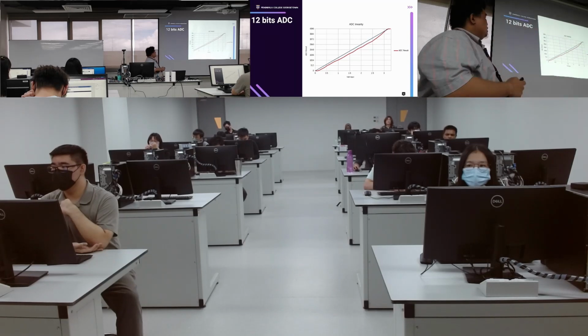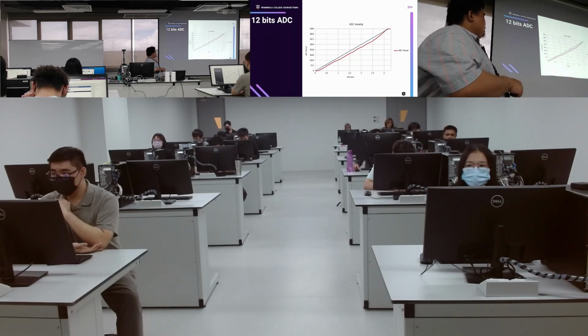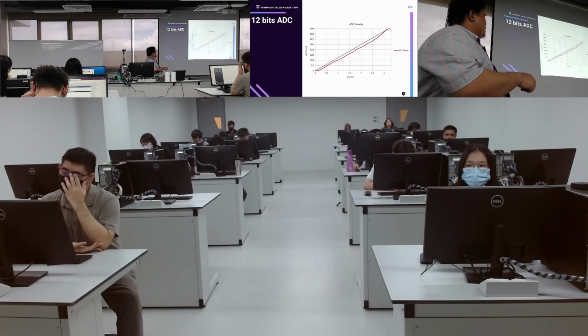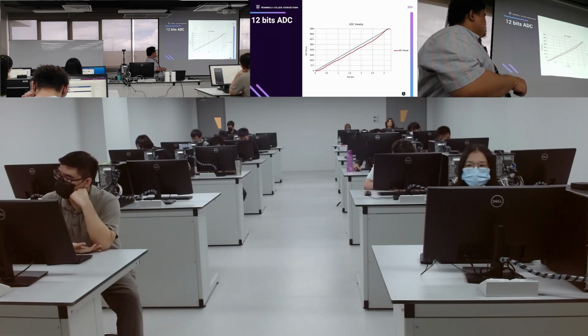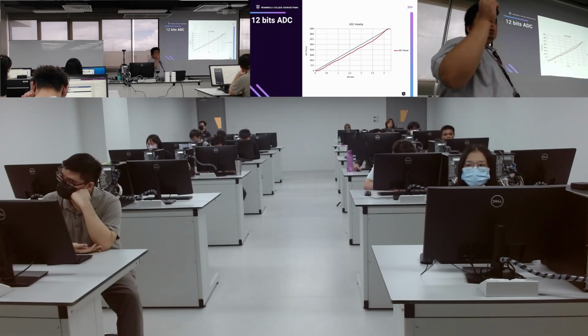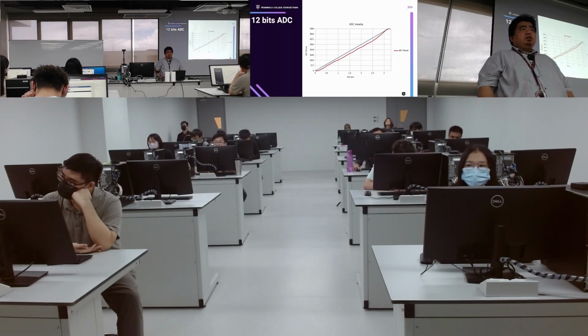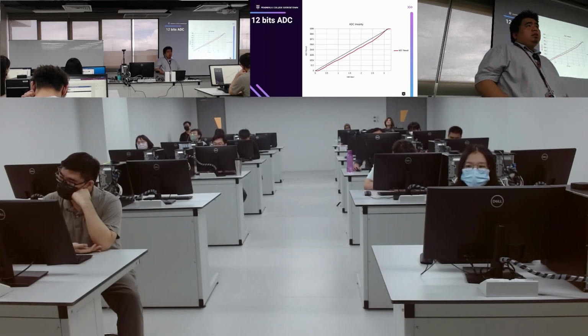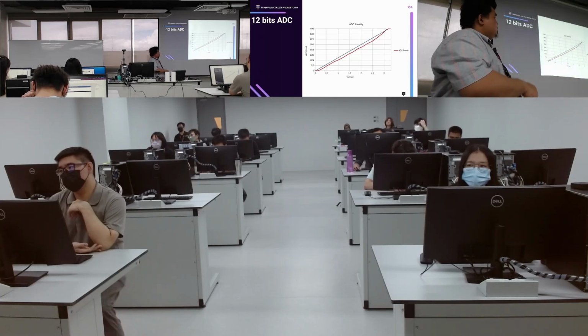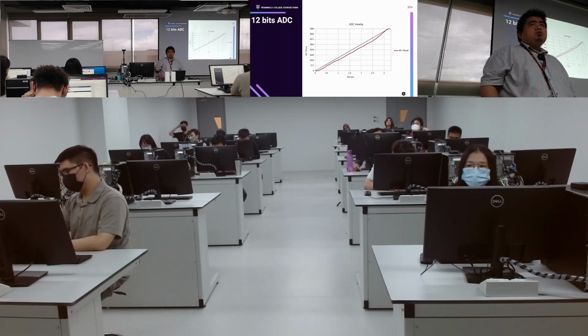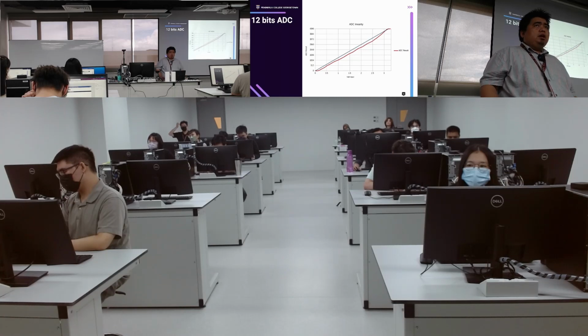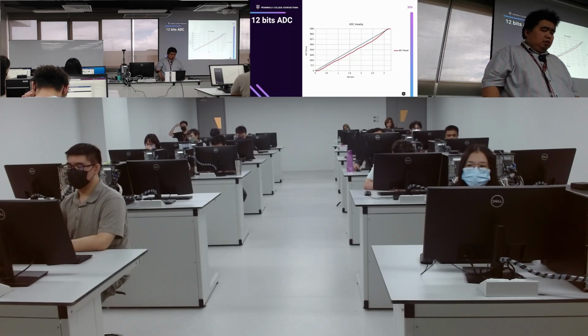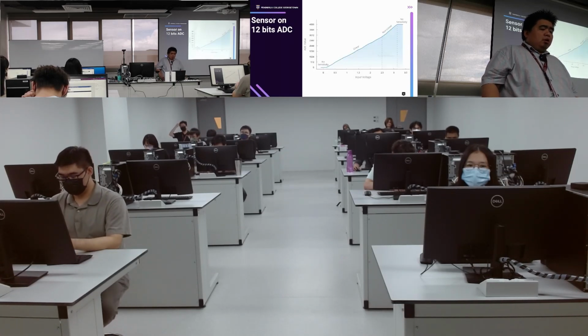For example, theoretically the line should be straight like this, but the one provided by the ADC might have a little bit of distortion, right? Even so, it is still able to provide, I would say, accurate readings.